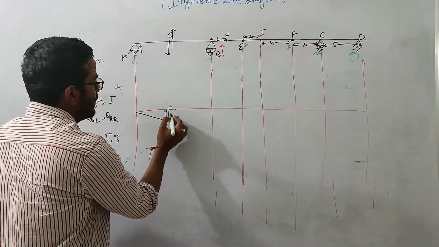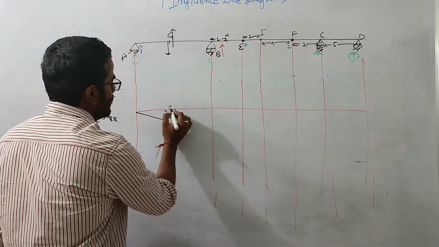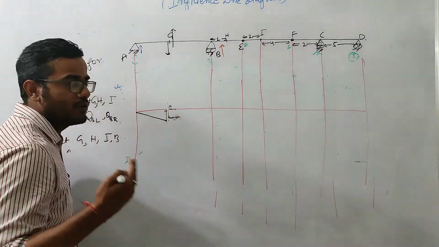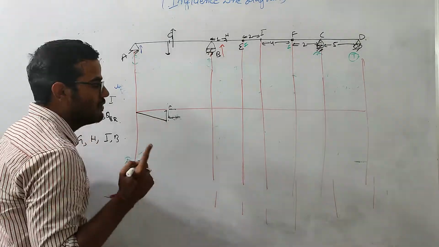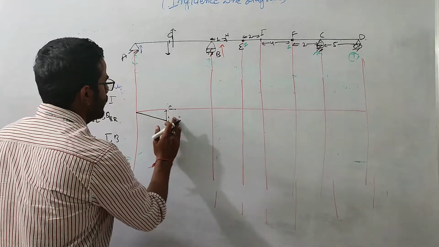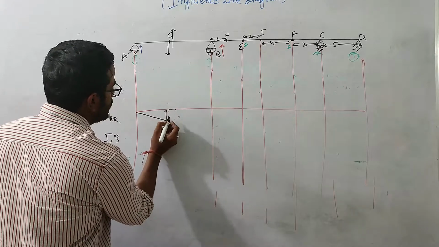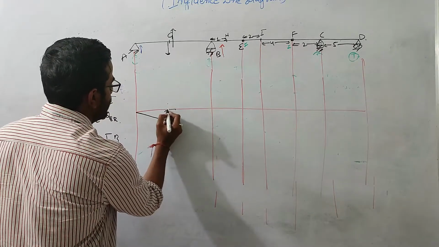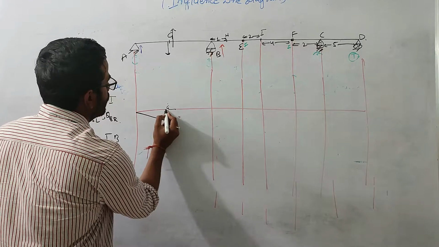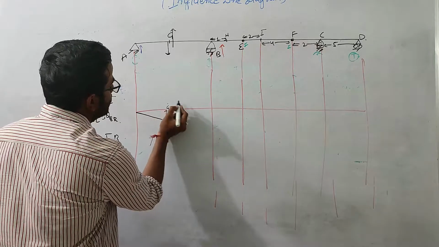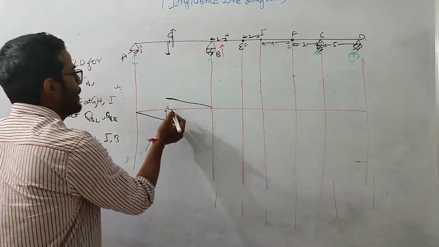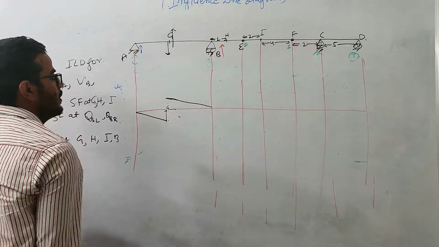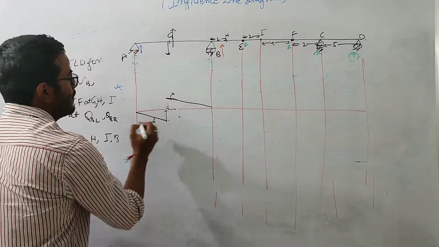If this is unity, then this should be 0, but this will not be the case, because slope should be maintained. At this point, we are releasing only the shear force, not any moment. So the slope at the left of point G should be equal to the slope at the right. So this portion will move upward, because I am applying the shear deformation in the upward direction, and these two lines are parallel.